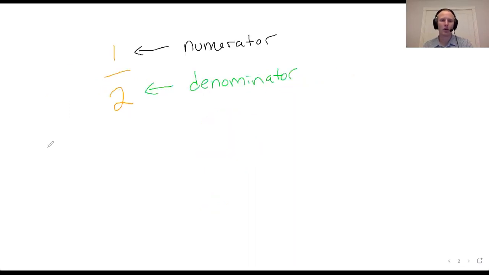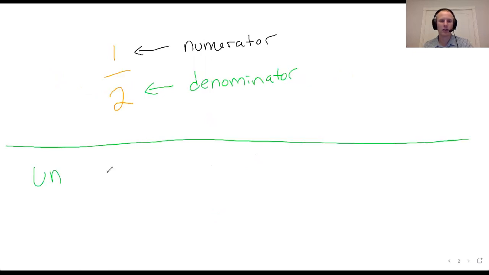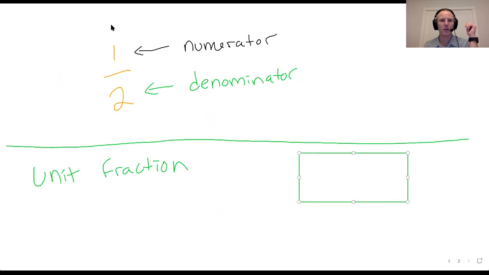You're also going to hear the word unit fraction. You're going to hear that starting today. A unit fraction is any fraction like 1/2 where the numerator is 1. So let me draw like a rectangle for you, right?